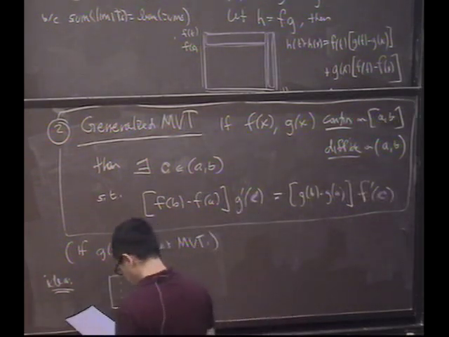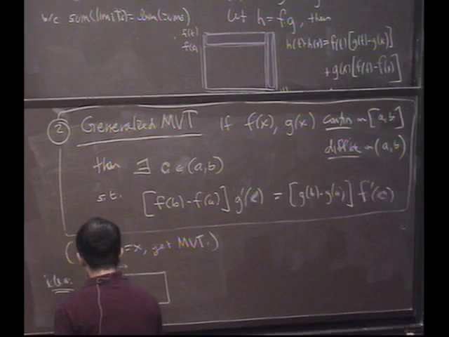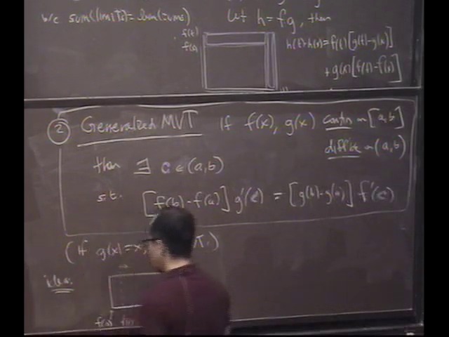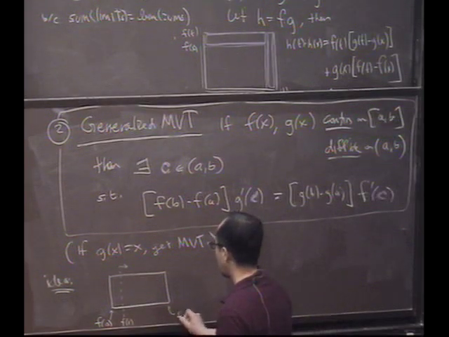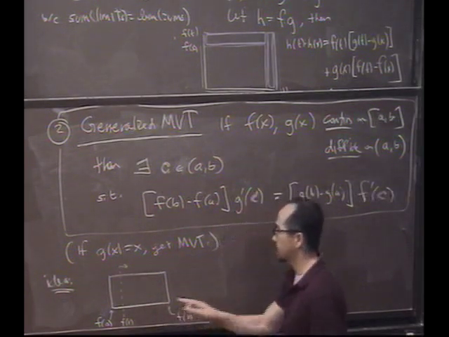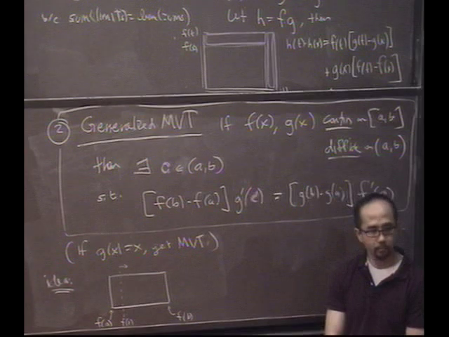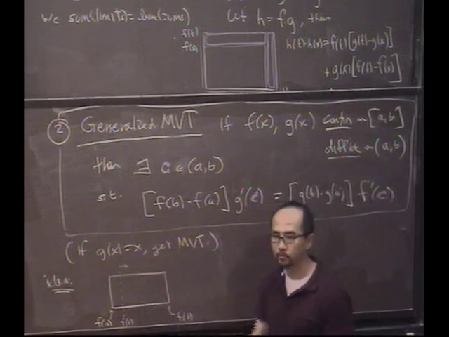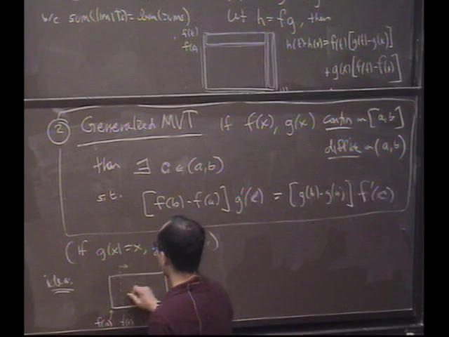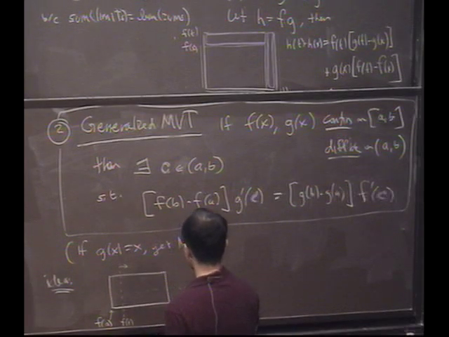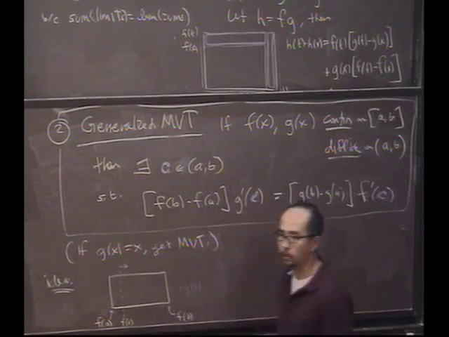So that at time A, the position of the knife is at f of A, and at time B, the position of the knife is at f of B. And it's moving around, yes? Suppose simultaneously I have another knife whose position is given by g of t.